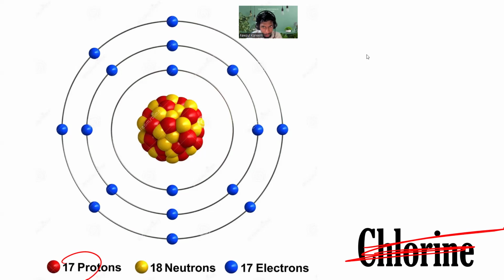I will explain that part later. We can't take the number of neutrons. Sometimes it may be the same for different atoms, and some of the times there will be no neutrons. Okay. Is it clear? Yes, sir. Okay. So there's no need to bother about the neutrons.